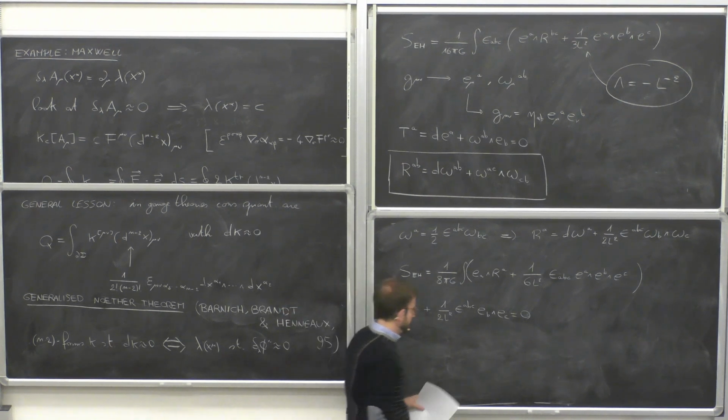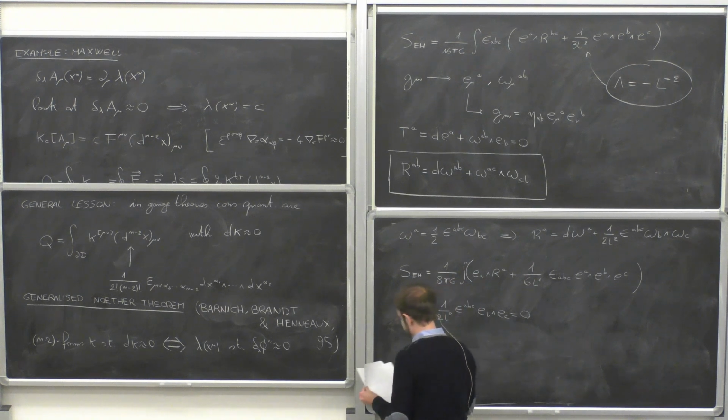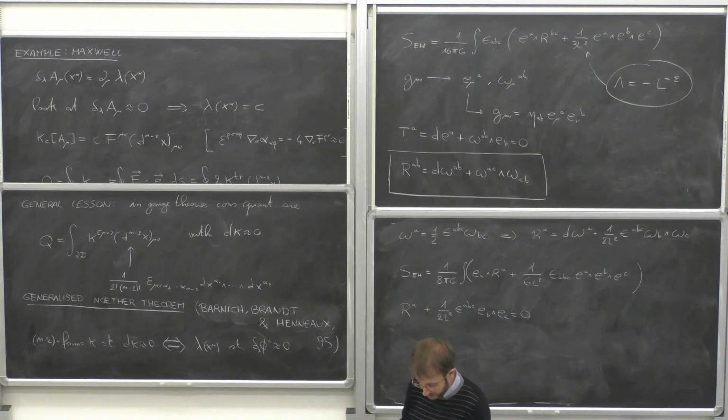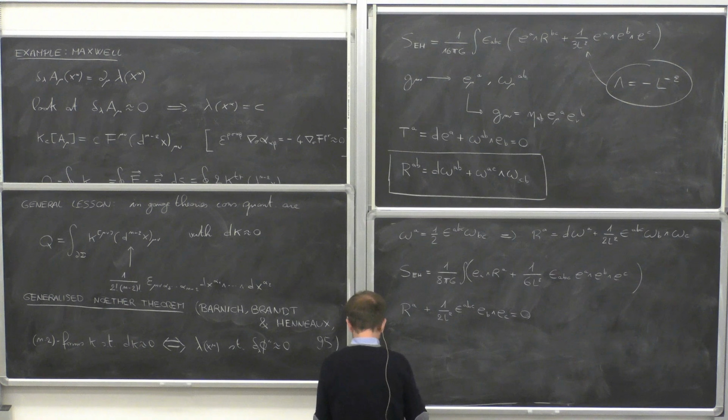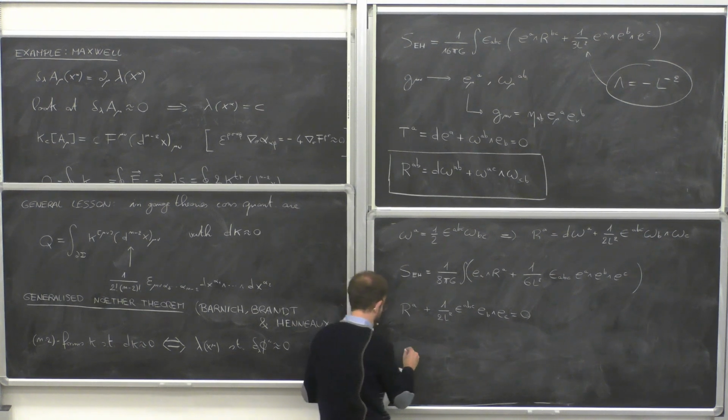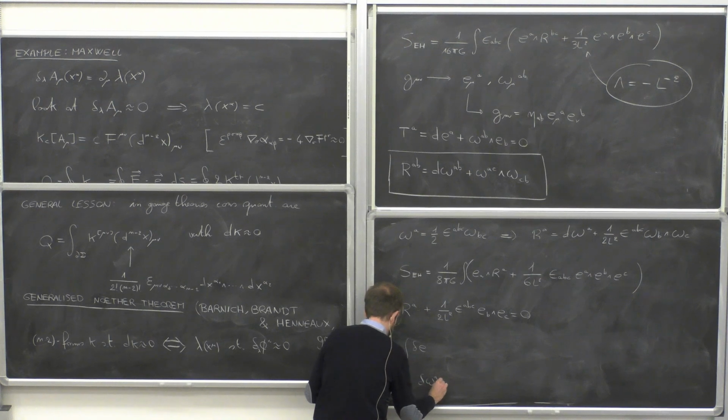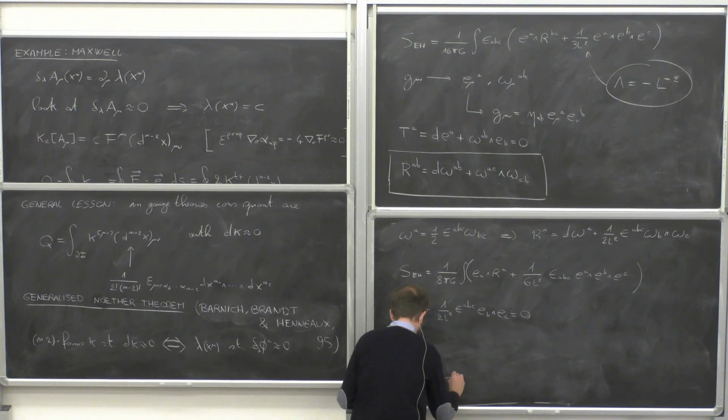And now the interesting further step is, yes, so before going to the last step, an important observation. And the important observation is the following. What are the symmetries of this action?